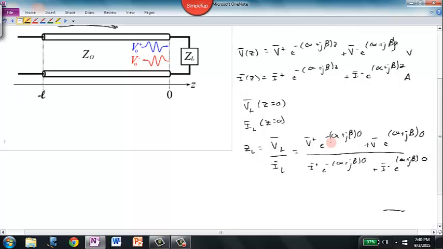All these exponential terms are going to go to e to the minus 0, e to the 0. So that goes to 1, that goes to 1, that goes to 1, and that goes to 1.